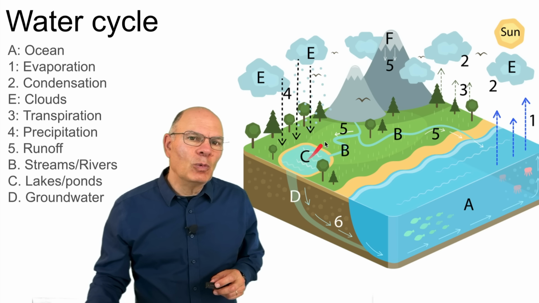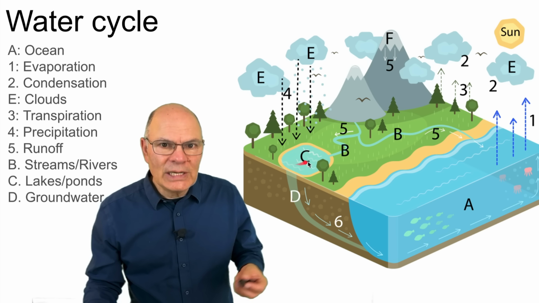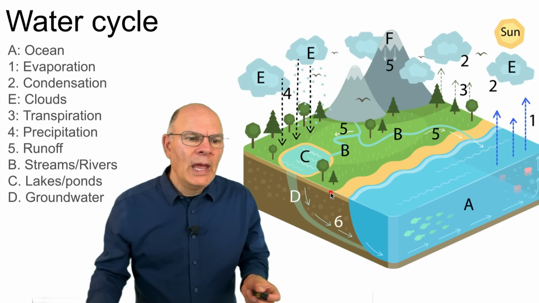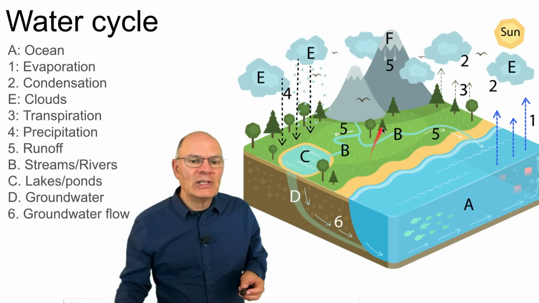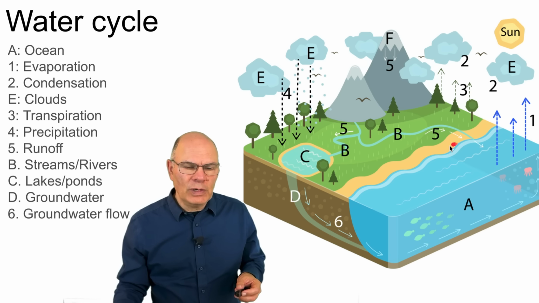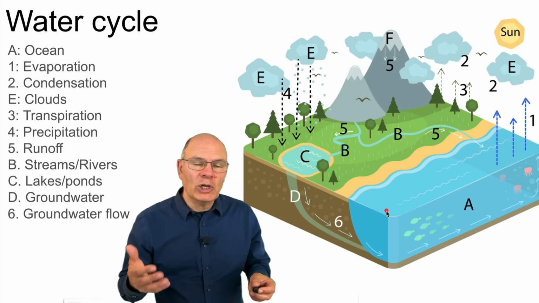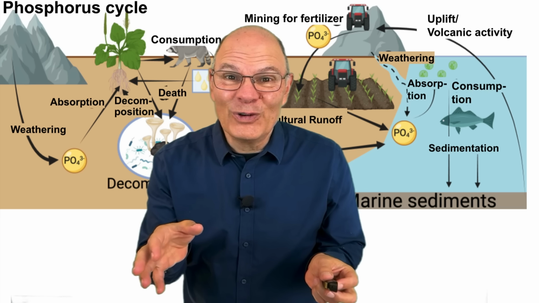Some of the water will percolate from the ground or from lakes and ponds and rivers into groundwater. And then what we'll have is groundwater flow, and through processes like runoff through streams and rivers and through groundwater flow, we will return water to the oceans. That's the water cycle.